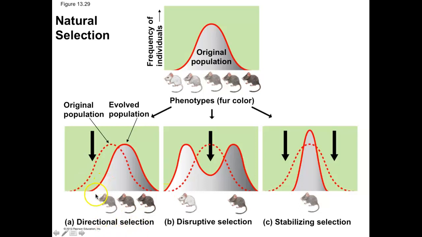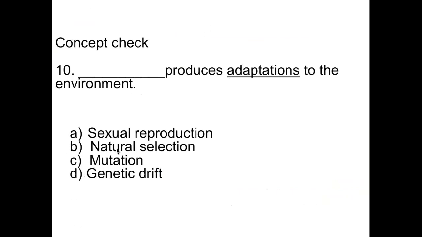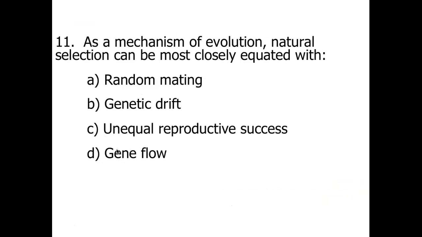Natural selection is the only one that gives you this adaptation. The other ones are random, so you can't really adapt to anything, but in this case, natural selection will produce an adaptation. As a mechanism of evolution, natural selection can be most closely equated with, pause, or it's answer C, unequal reproductive success.